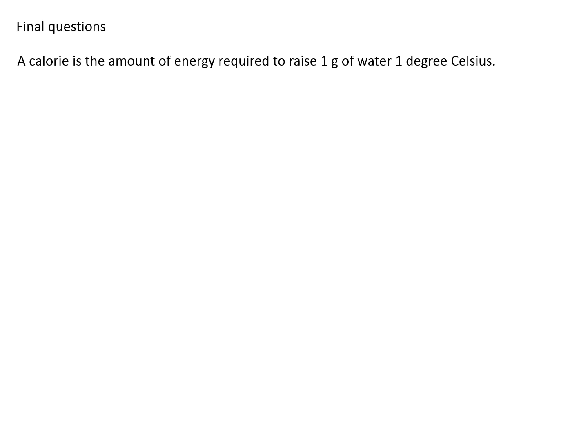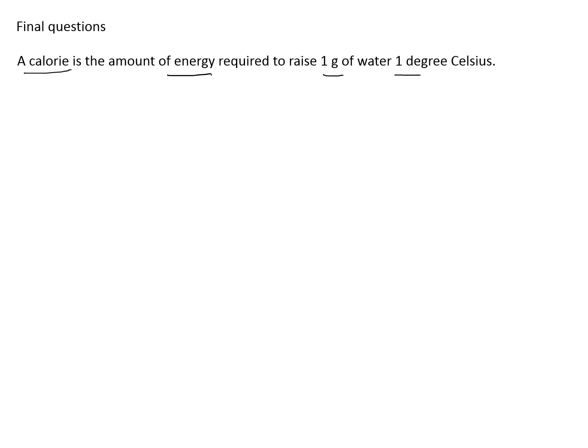Okay, and here is my final bid to try to convince you that the metric system is pretty useful, at least in science, because it is also related to water in this way. A calorie is the amount of energy required to raise 1 gram of water 1 degree Celsius.